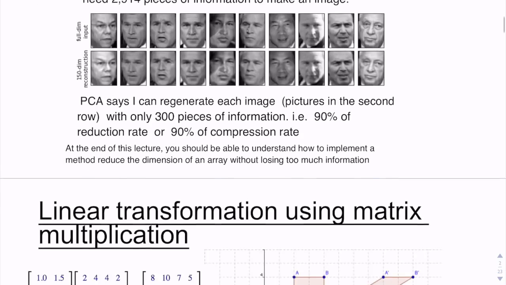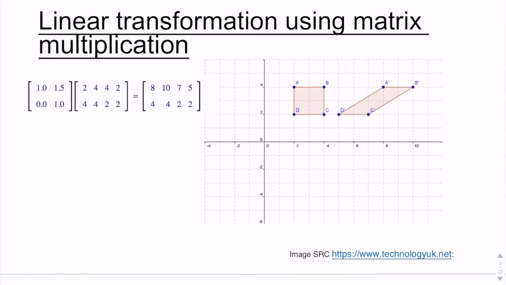Before we talk about principal component analysis, or PCA, let's talk about linear transformation using matrix multiplication. In many of today's apps you will see lots of videos and images that are rotated and scaled.